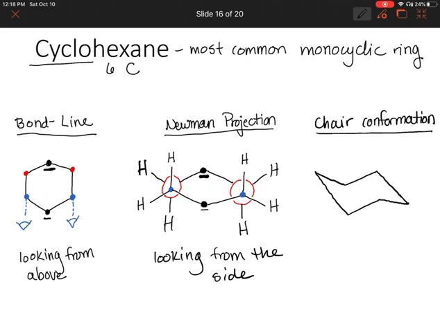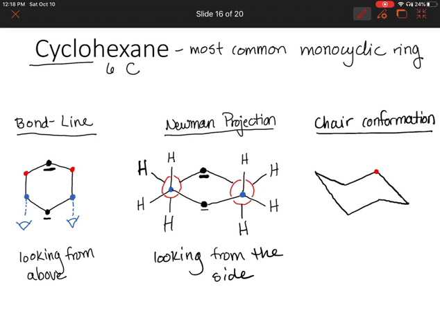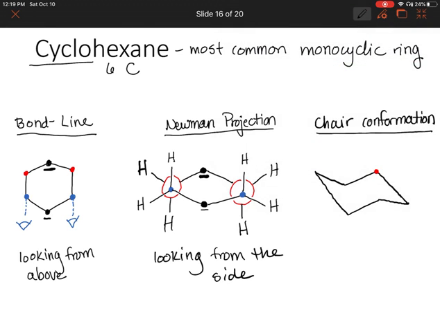So the hydrogens are going to either point up or down, or they'll point out at an angle. So let's start with this back carbon here in red. That has, actually, I'm going to draw its hydrogen going up just to make things a little easier, and you'll see why in a bit.